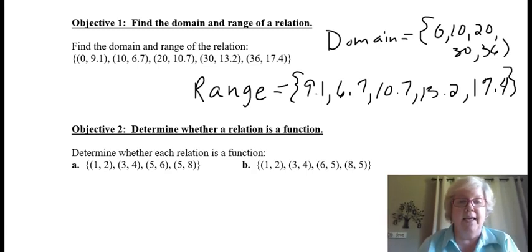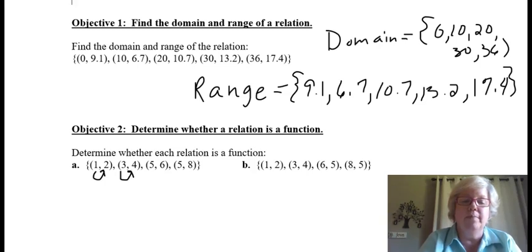That's it. Now, how do we know if an ordered pair set is really a function or not? All of the x values must be different. Notice in my first example A under Objective 2. Remember that criteria, that's the one-to-one relationship? In this first ordered pair it says 1 goes with 2, 3 goes with 4, 5 goes with 6.